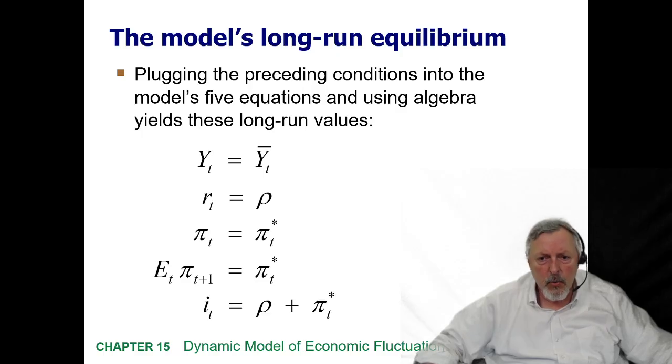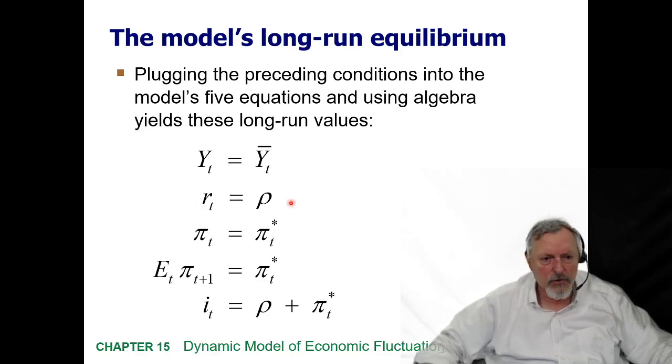In the long-run equilibrium, output equals its natural rate, which also implicitly says that unemployment will be at its natural rate.